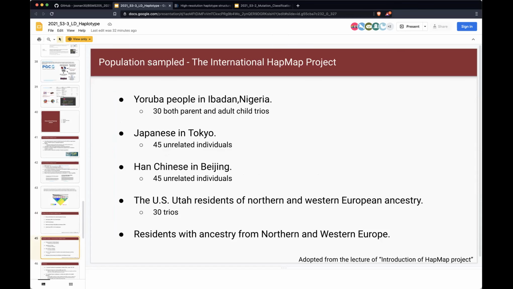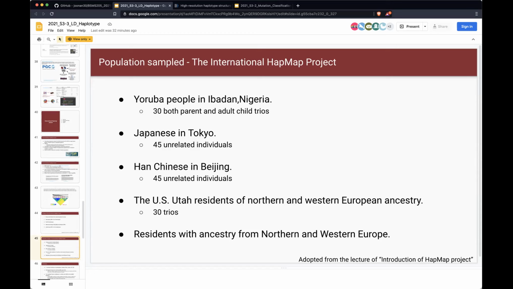And at the time, which populations did they sample for their project? So they have about five populations. One population represents the Africans, so they recruited the Yoruba people in Nigeria, right?